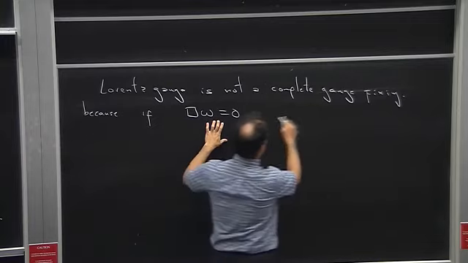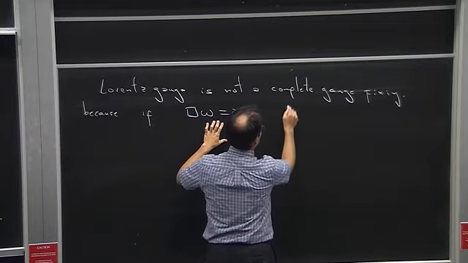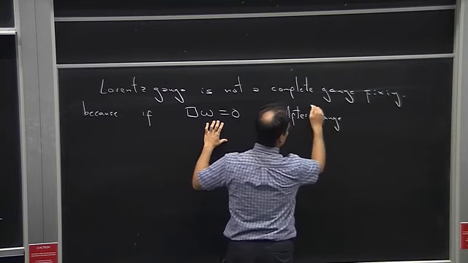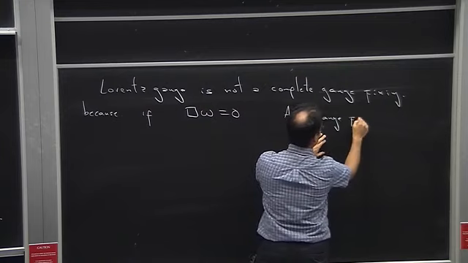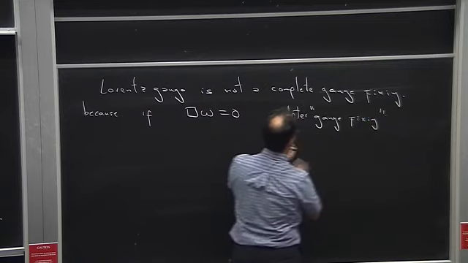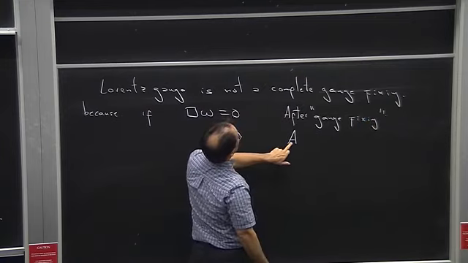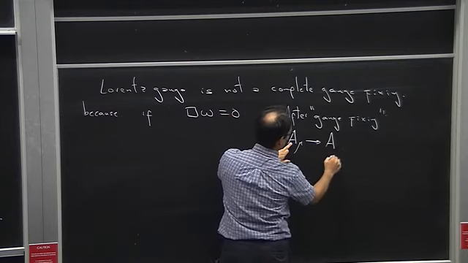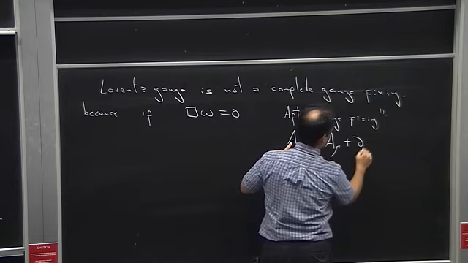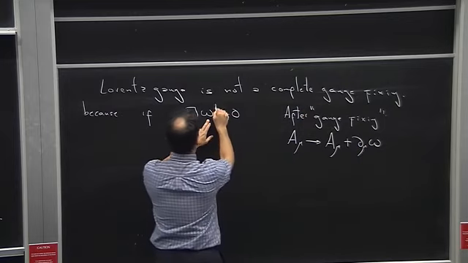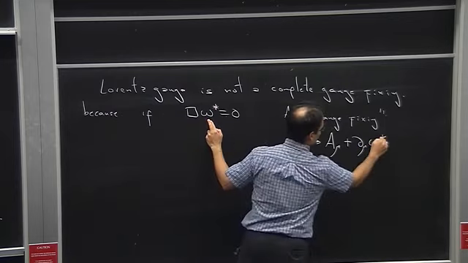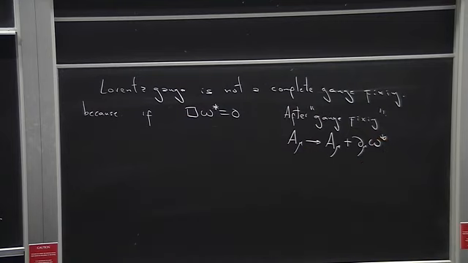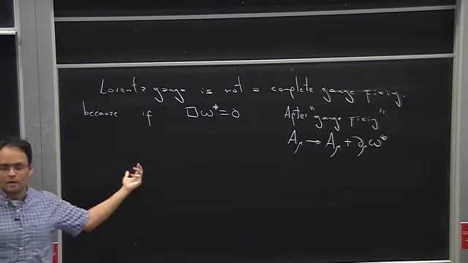So after gauge fixing, we can still take a representative of the gauge orbit and shift it by some special functions that satisfy this condition, okay? So we will see if we can go ahead and do this.